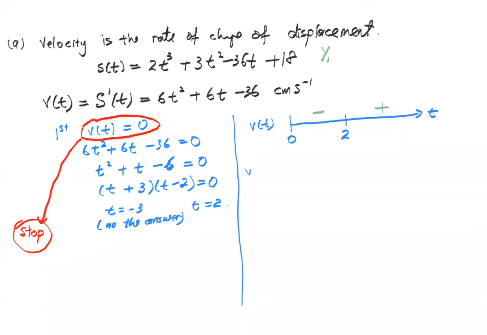If vt is less than 0, meaning negative sign, this implies, just now our direction, right and left, the object is moving to the left.